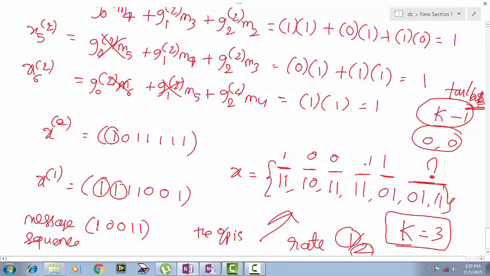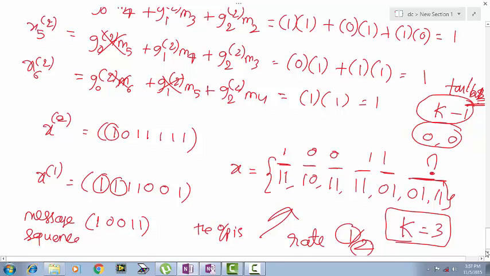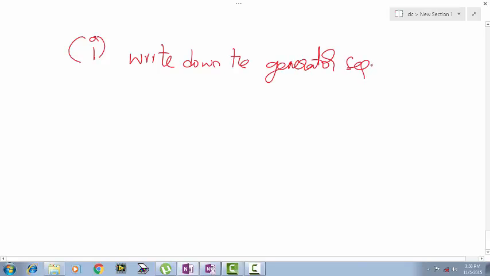So the first 5 bits are the actual message bits and the last K minus 1 are the tail bits. These tail bits are necessary to make the encoder go back to the initial state. So given any encoder structure, first thing you have to do is write down the generator sequences. Then write down your message vector m0, m1, m2 and so on up to m l minus 1.